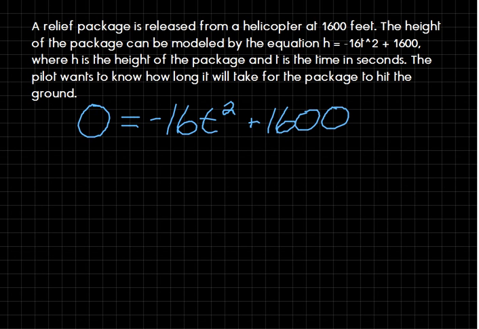Whatever t is will tell us when the package reaches the ground. If I want to find out how long it takes to be 6 feet from the ground, so I can just catch it in my hands, I would just plug in 6, or whatever height we're looking for.